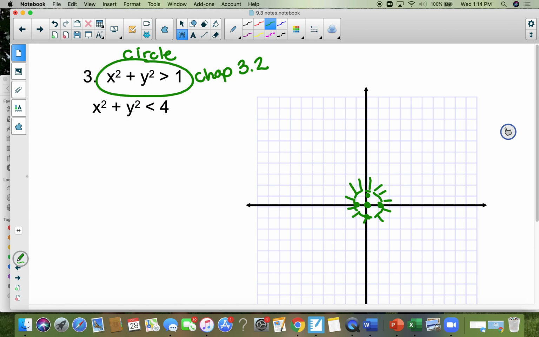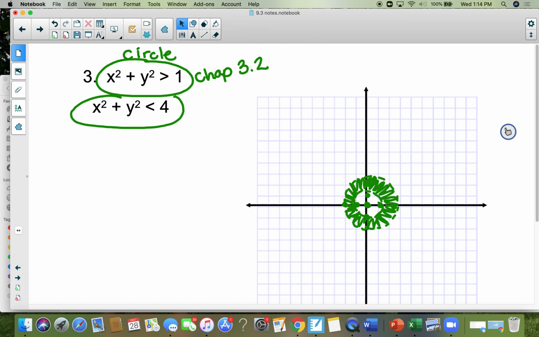And the other one also is a circle at 0, 0 with a radius of 2 though. And it's also a dotted line. And that's shaded less than. So the part that's shaded kind of looks like a wheel, or a wreath.